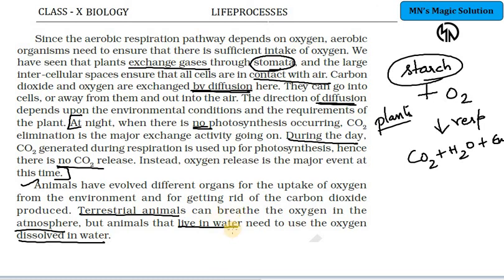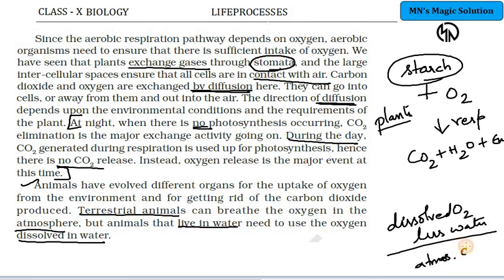Why? Because the amount of dissolved oxygen is less in water when compared to atmospheric oxygen. Atmospheric oxygen is greater, whereas the dissolved oxygen present in water is less. Therefore, animals living in water will have a greater breathing rate compared to terrestrial animals.